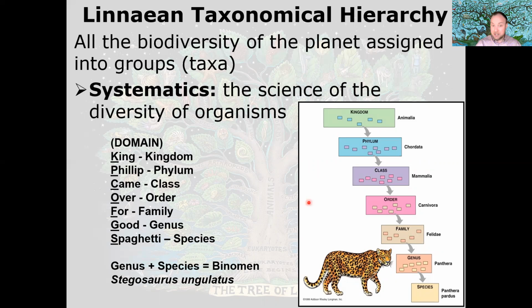We're going to walk through the hierarchy of how we classify a leopard. A leopard is in the kingdom Animalia. It's an animal. Some of the other kingdoms are Plantae, Fungi, Archaebacteria, and others. The leopard goes in Animalia.